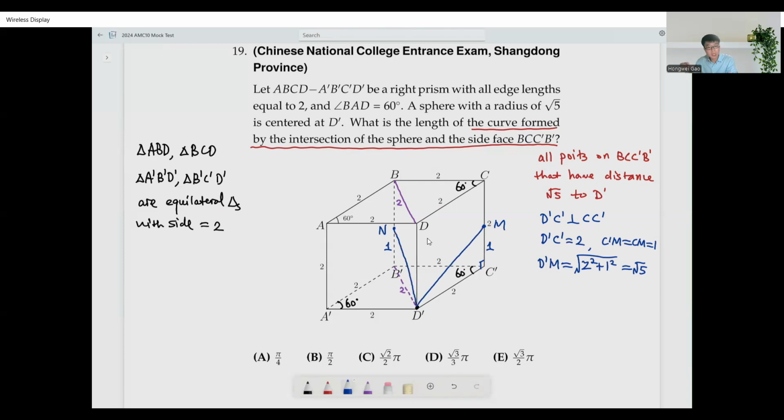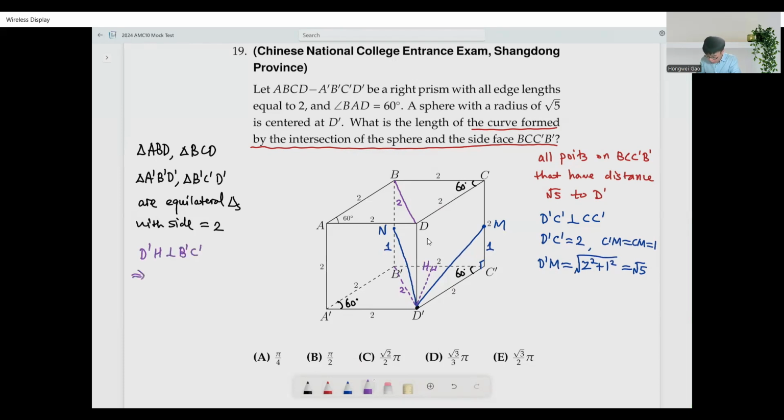We also need to find other points on these faces with distance root 5 to D'. So here we can draw the height from D' to B'C'. Let me draw it here. Since B'C'D' is an equilateral triangle, let me call this foot H. We draw D'H perpendicular to B'C'.